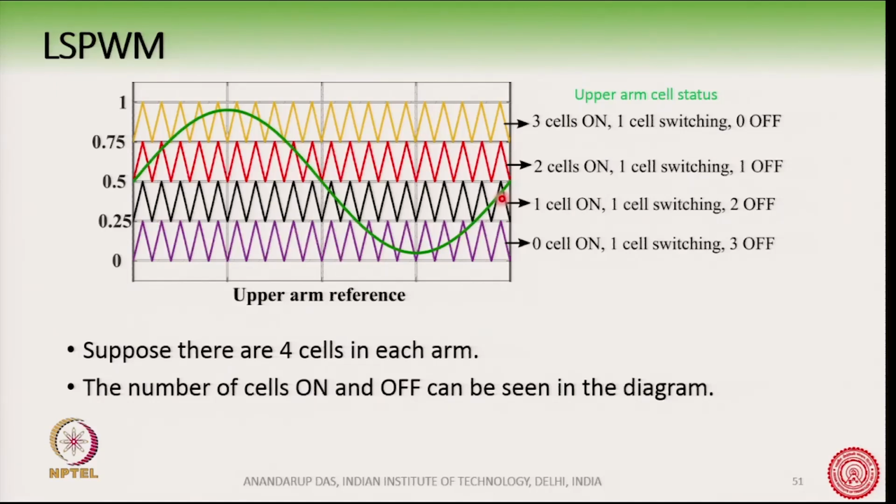You can assume that the arms are composed of half bridges, and when you do the level shift PWM here, since there are 4 cells, I have taken 4 carriers which are vertically phase shifted. The modulation index is very close to 1, about 0.9.